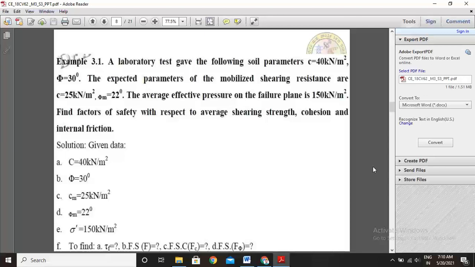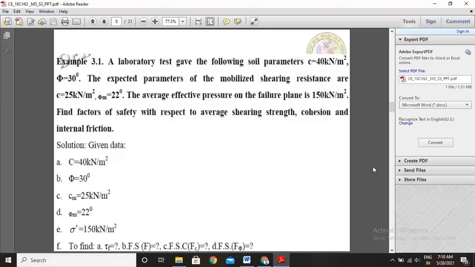Solution: given data, C equal to 40 kN per meter square, phi is 30 degree, Cm is 25 kN per meter square, phi m dash is 22 degree, sigma dash is 150 kN per meter square.